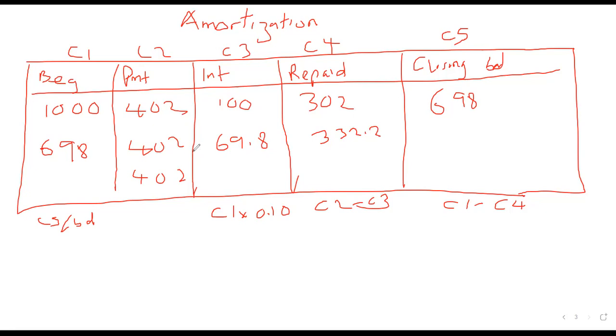Then you subtract 698 minus 332.2. You get 365.8.